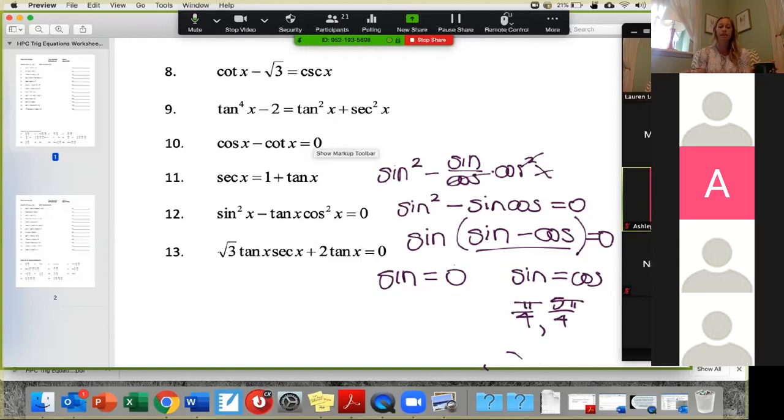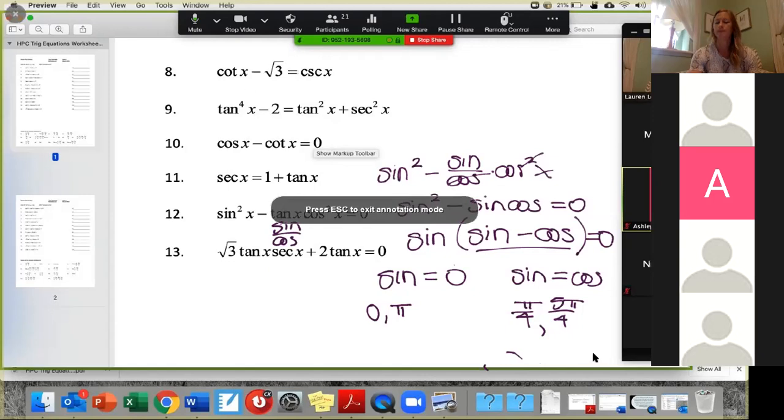Sine equaling 0 happens at 0 and pi. And at both of those places, that would be fine because tangent is defined as sine over cosine. And if sine is 0, cosine is not 0. So that would be fine. So a mental check on those, all of those answers would work out.